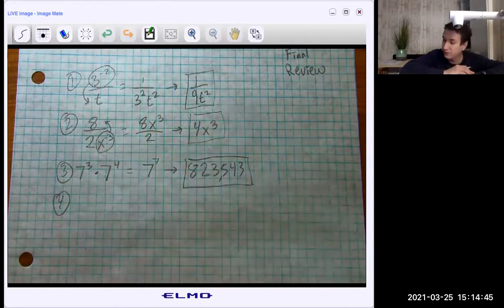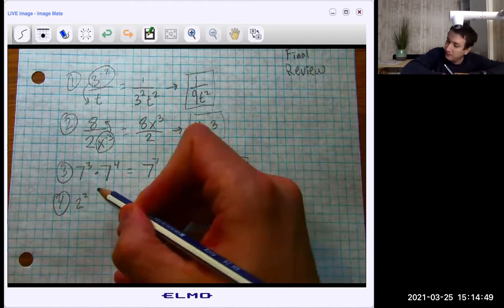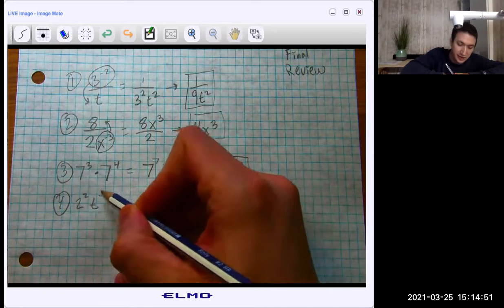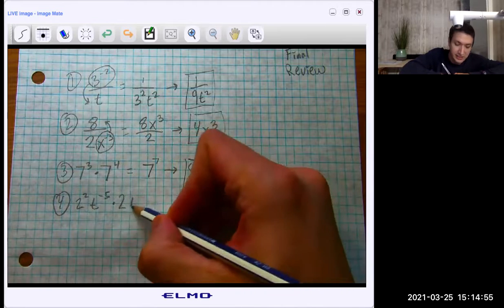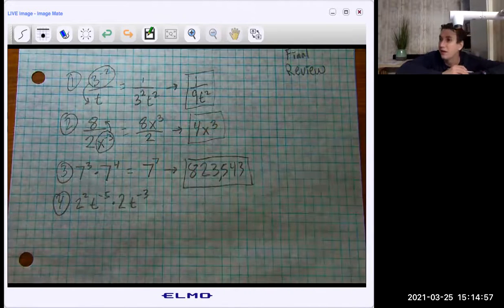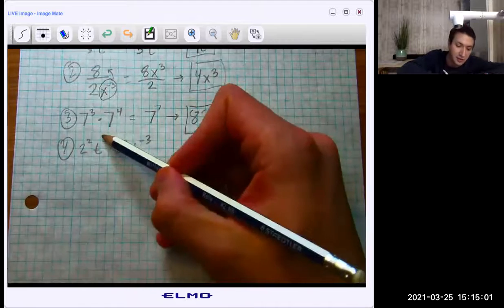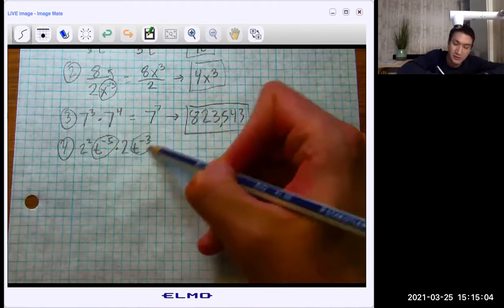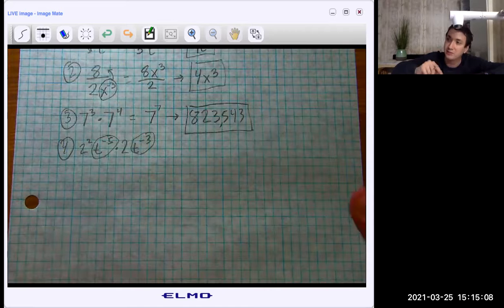All right, the fourth one is kind of like this. Let's say we have 2 squared t to the -5 times 2t to the -3. Well, I have to ask myself, what are my bases? The bases with the negative exponents are right here. So I'm going to deal with them first. I can deal with them by moving them into the denominator and changing them. So move and change.